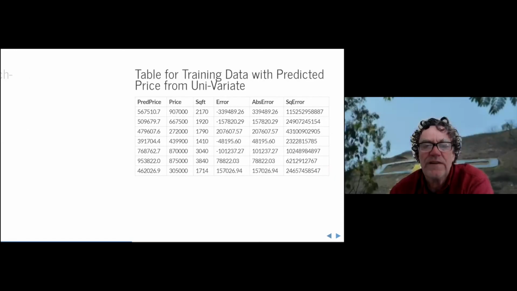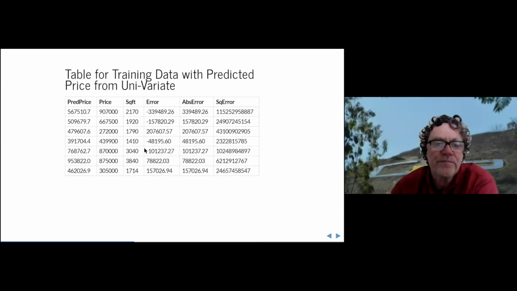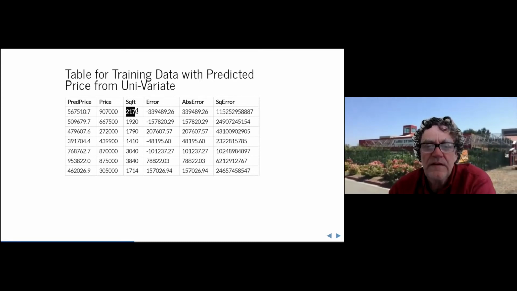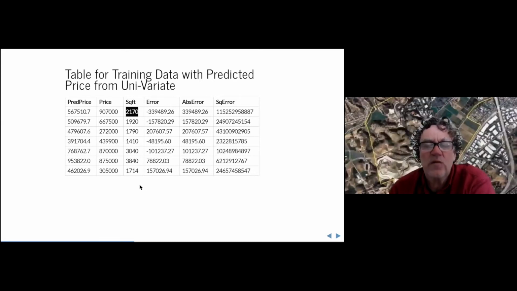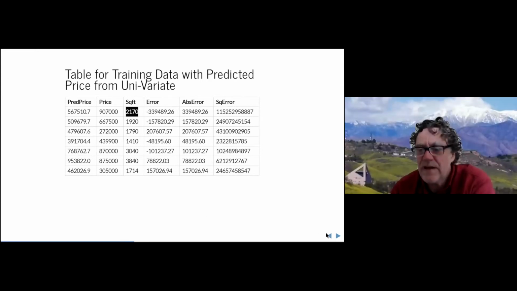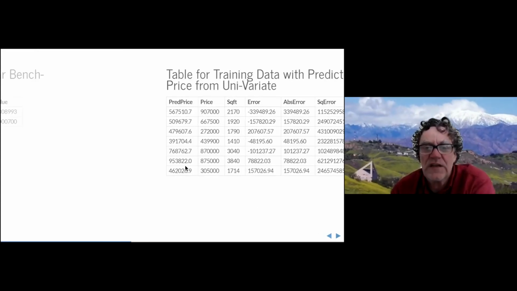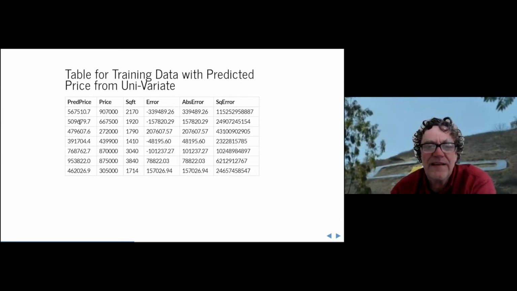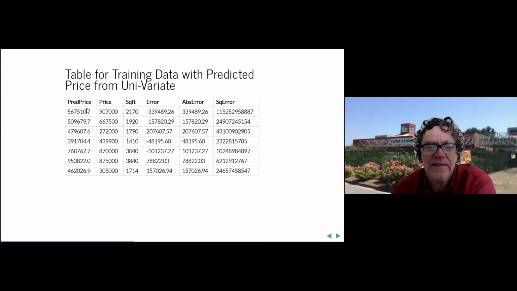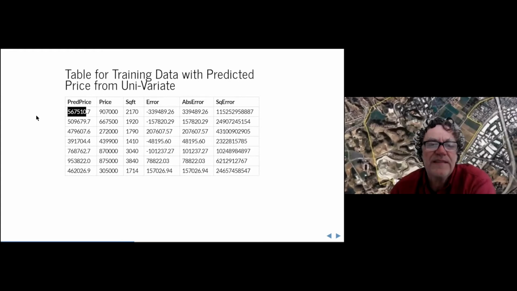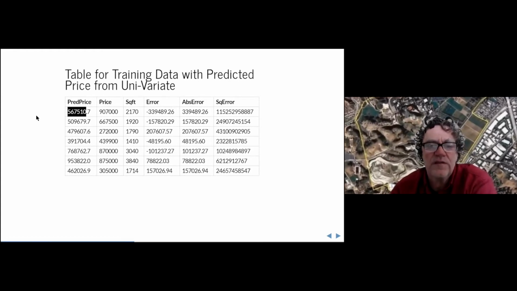I have a few examples here. Let's look at the first record. The square footage of that house is 21,070 square feet. If I plug that into this equation, I get as a result, as an estimate, a predicted price of about $567,000.